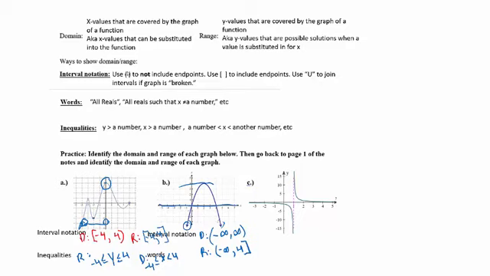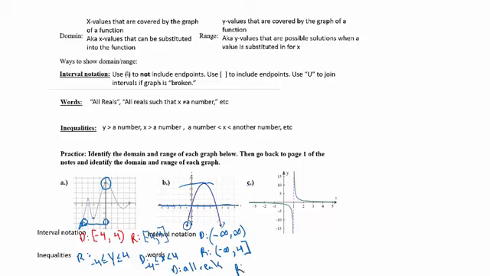So let's say we wanted to use words. If you have infinity, a lot of times kids use words. So for the domain right here, anytime you have infinity to infinity, you can just write all reals. So your domain would be all reals, and you could show your answer like that.